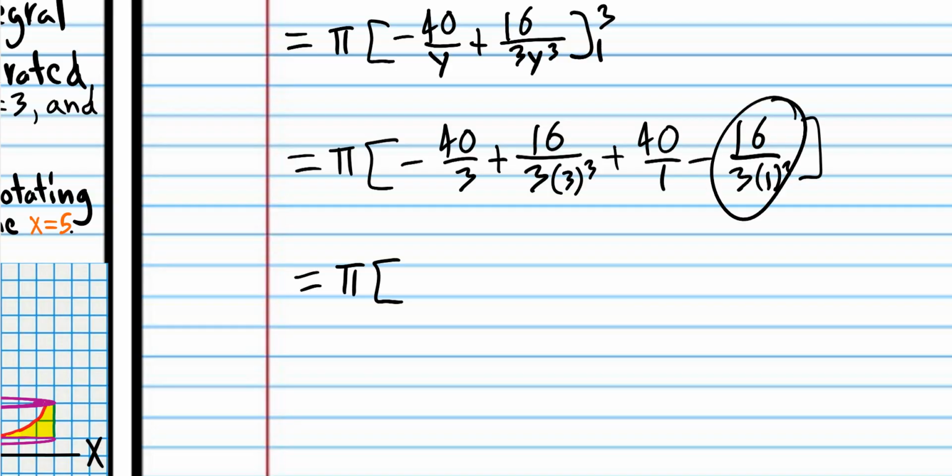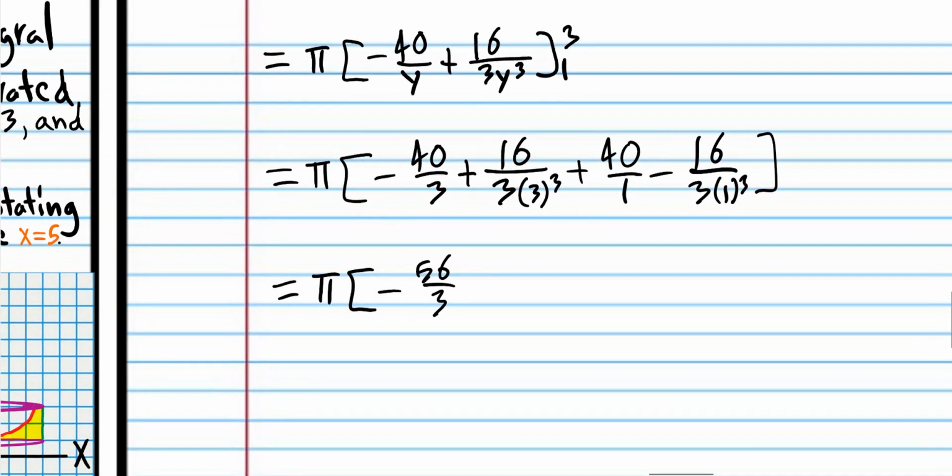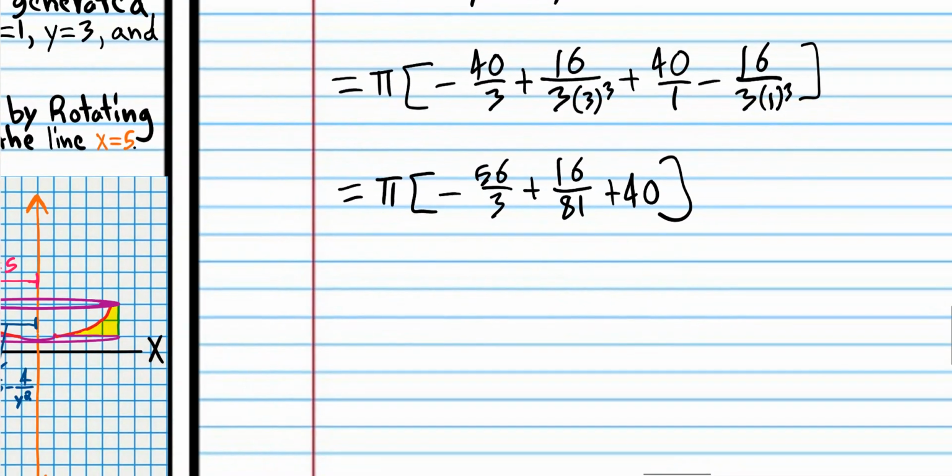So it looks like we're going to have 16 over 3 and negative 40 over 3, so that's going to be negative 56 over 3. And looks like we're going to have 16 over 81, and so on and so forth.